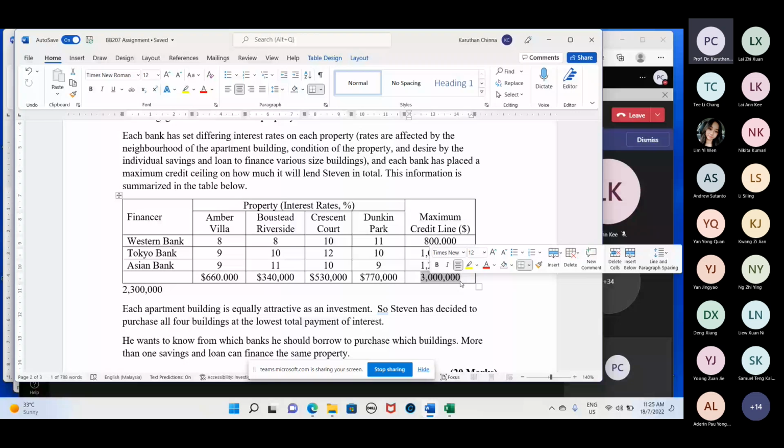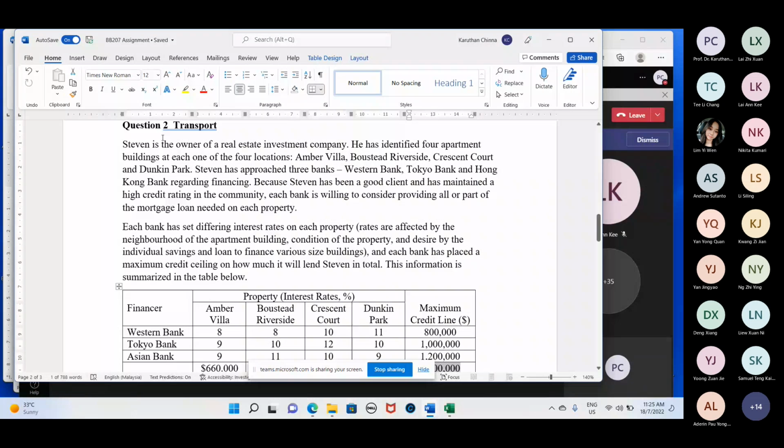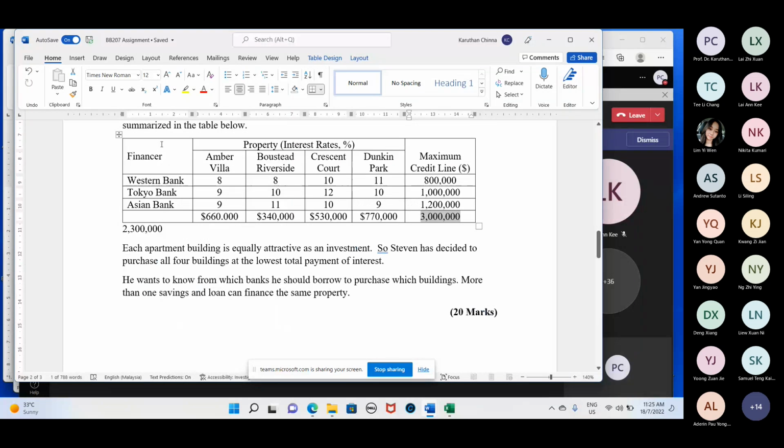Maximize. Maximize what? Now, what's the problem about? He wants to know from which bank you should borrow to purchase the buildings, right? More than one savings loan can finance some other property. So here, it's based on the interest, right?